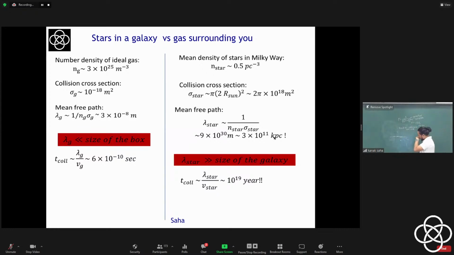Now, in encounters, there are two different kinds: strong encounters and weak encounters.